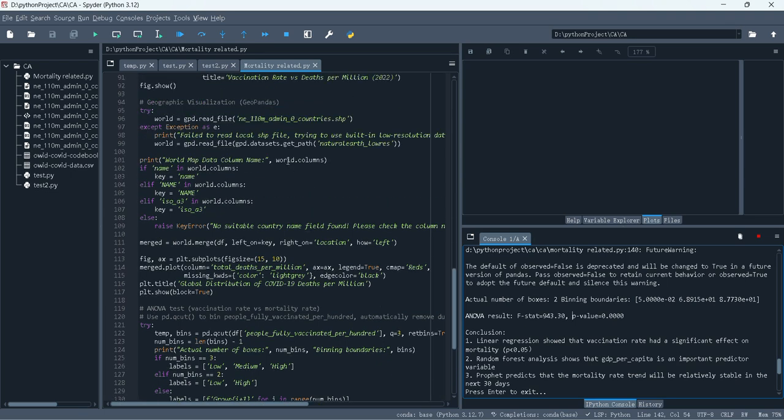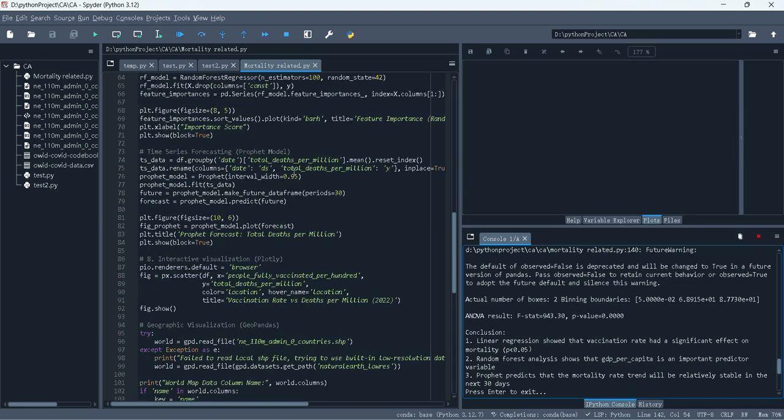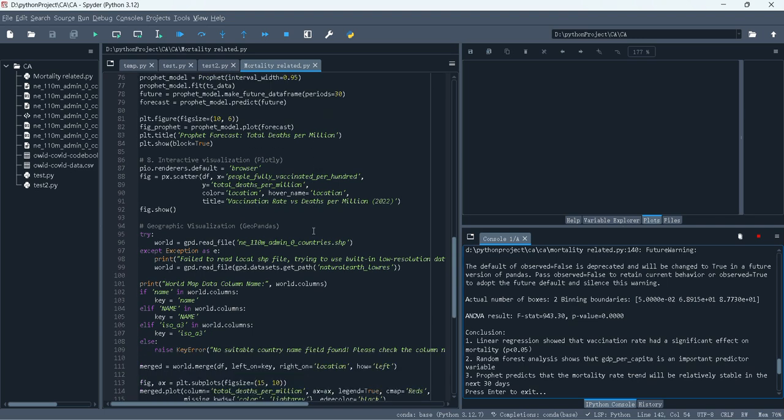The random forest analysis shows that GDP per capita is an important predictor variable, and Prophet predicts that the mortality rate trend will be relatively stable in the next 30 days. And now it's all the introduction of my project. Thank you.